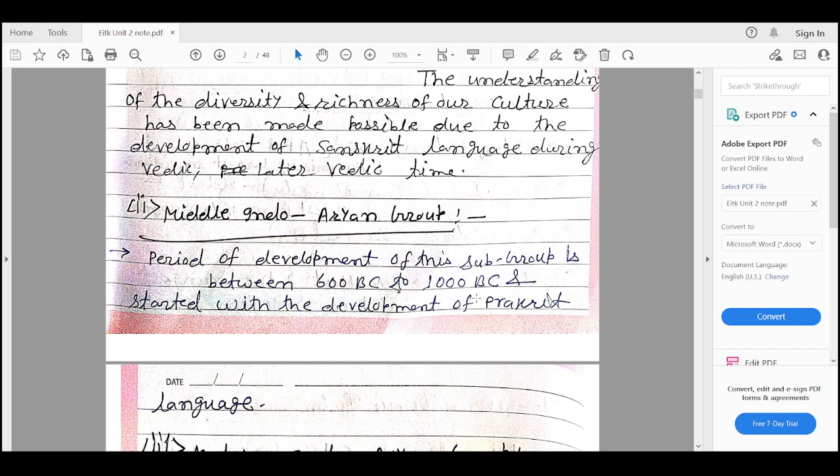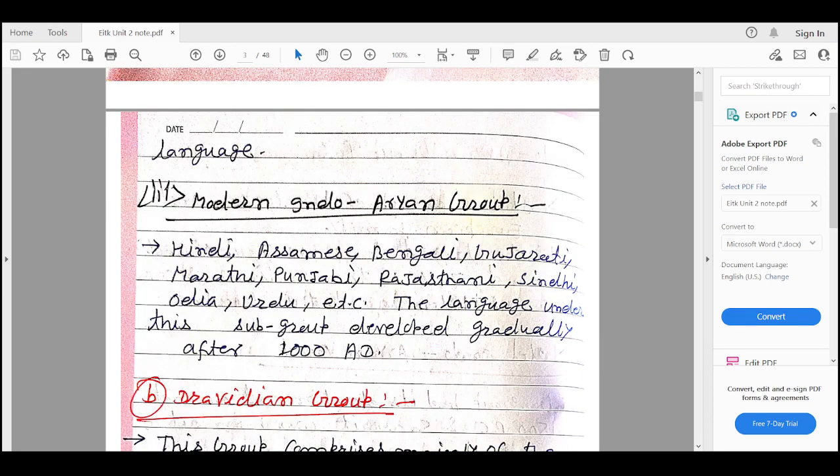So what are the key points for the Indo-Aryan group of languages? The first one is that this is the Indic language group, and it is a part of the Indo-European language family, and the Indo-Aryan group of languages was the immediate precedent. And the Indo-Aryan branch comprised the maximum group of languages.